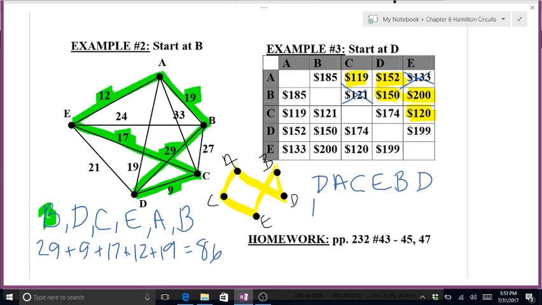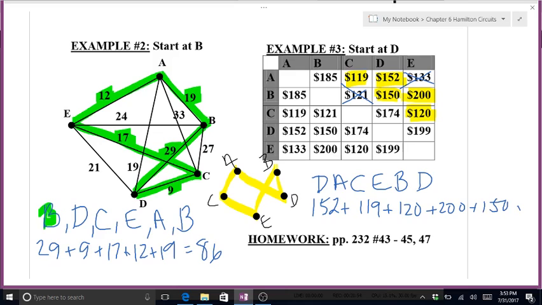So D to A is 152 plus A to C is 119 plus C to E is 120 plus E to B is 200 plus, finally, B to D is 150.